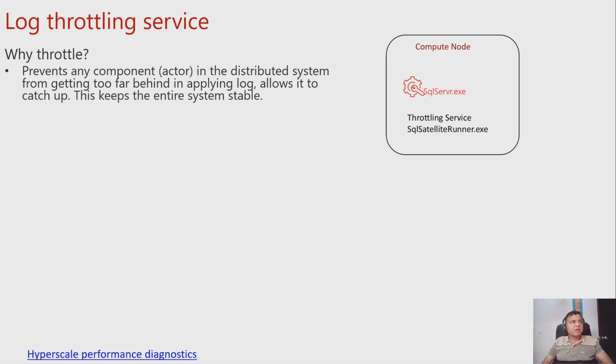Now, it is possible that for some reason in this whole distributed system, if one of the components is not able to redo the log record, it is going to fall behind. And if it is falling behind a lot, it may not be able to catch up in future as well.